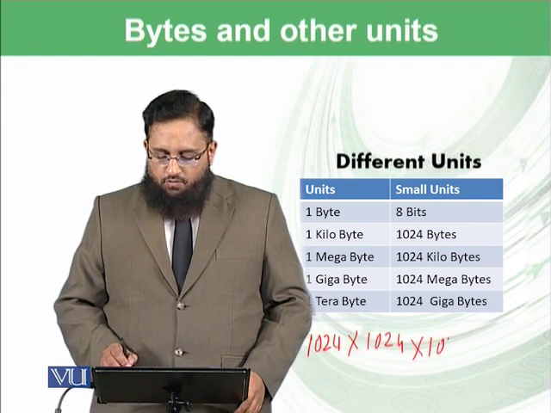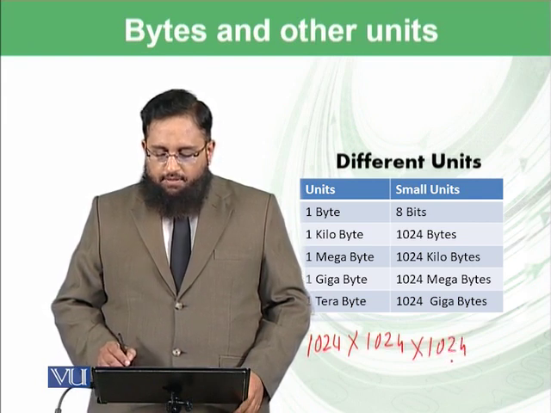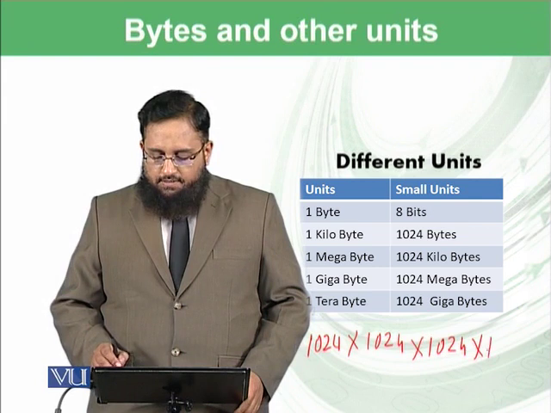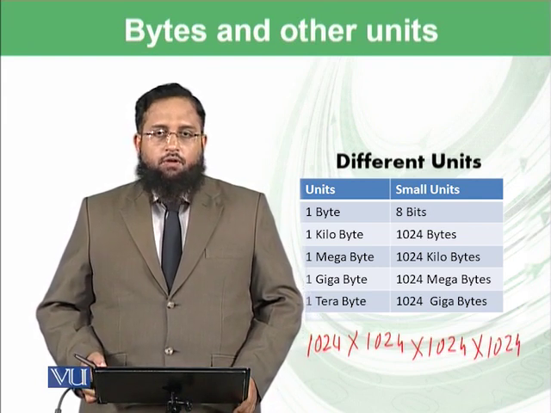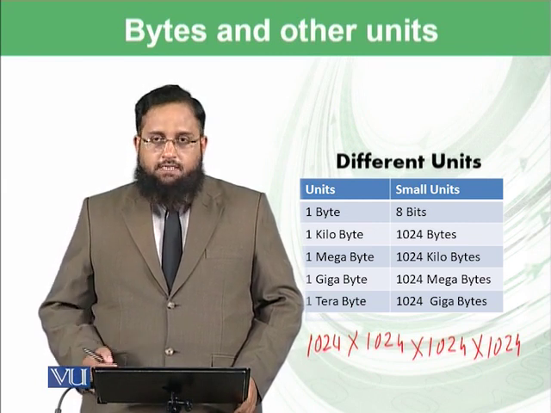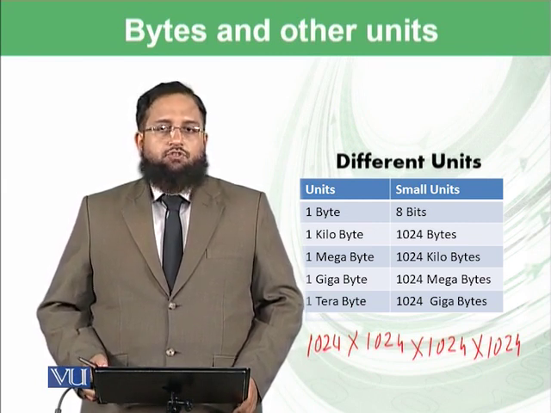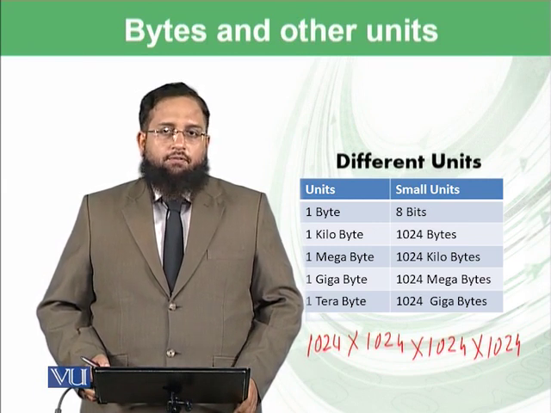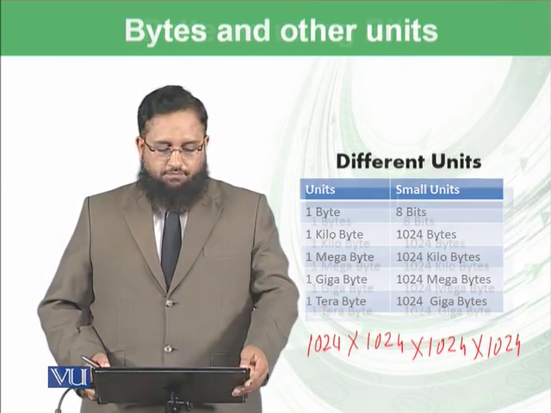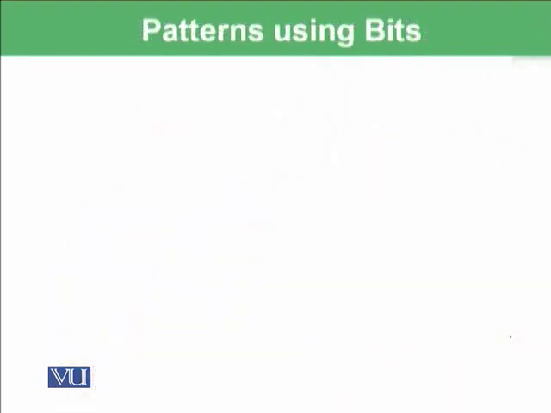Then 1024 will become kilobytes, and then 1024 will become bytes. If you multiply all of these numbers, you will get the number of bytes in your hard drive which can be saved.